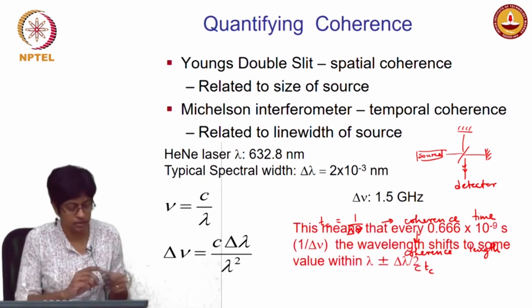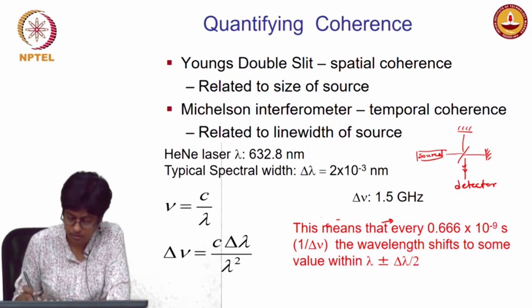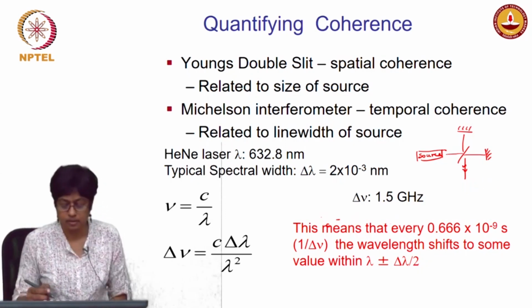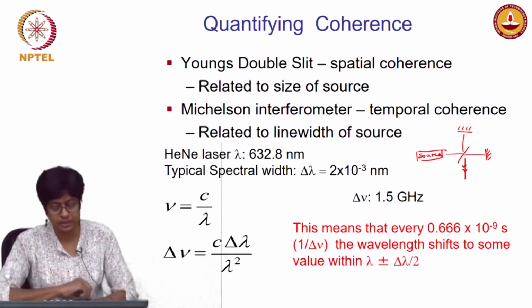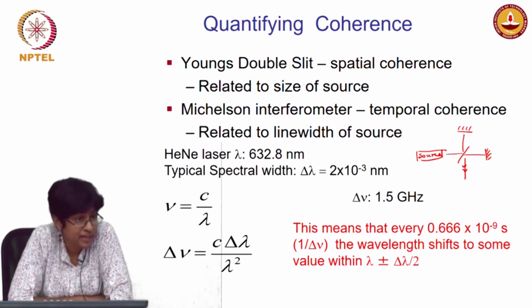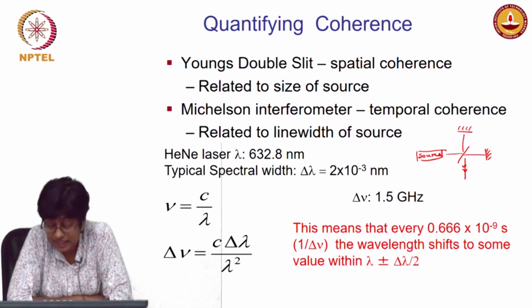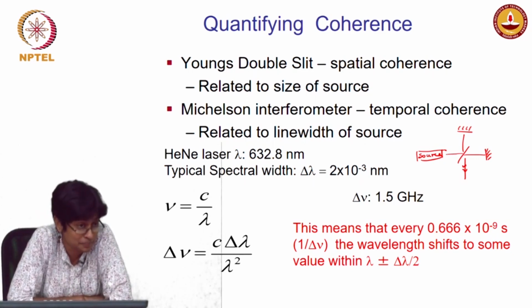Now let me erase this so that you can see this. If you look at the numbers for this particular source, we already said 1 over delta nu is the coherence time, and if your delta nu is 1.5 gigahertz, that means 1 over delta nu is on the order of 10 to the power minus 9 seconds. That's the coherence time.